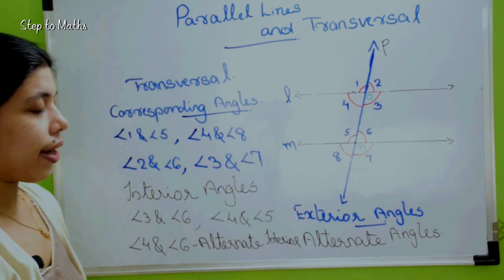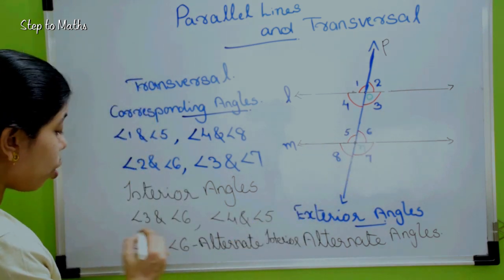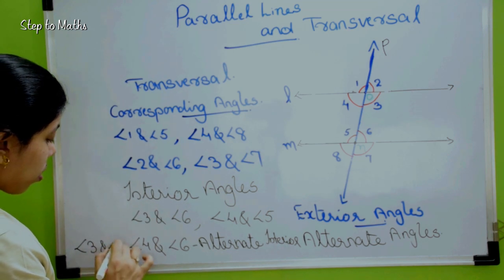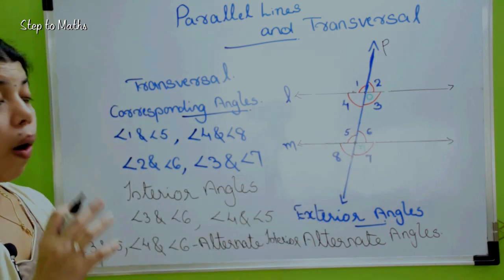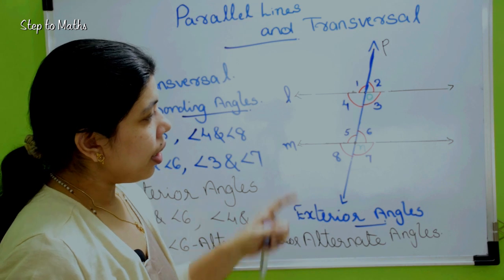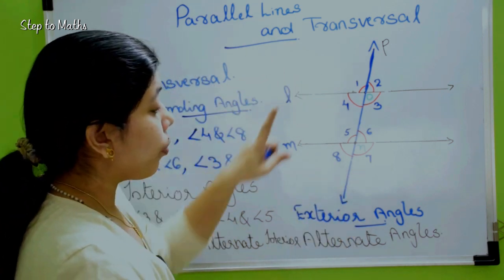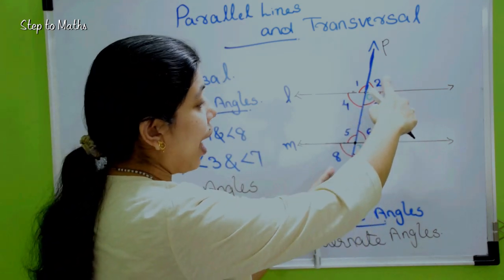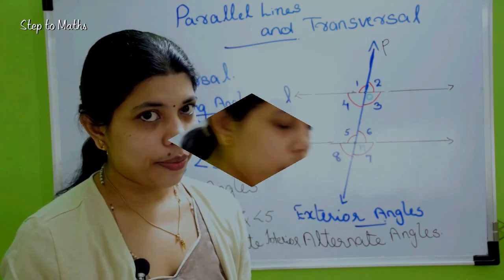In the same way, angle 3 and angle 5 are also alternate interior angles. In the same way, angle 1 and angle 7 are alternate exterior angles. Angle 2 and angle 8 are alternate exterior angles.